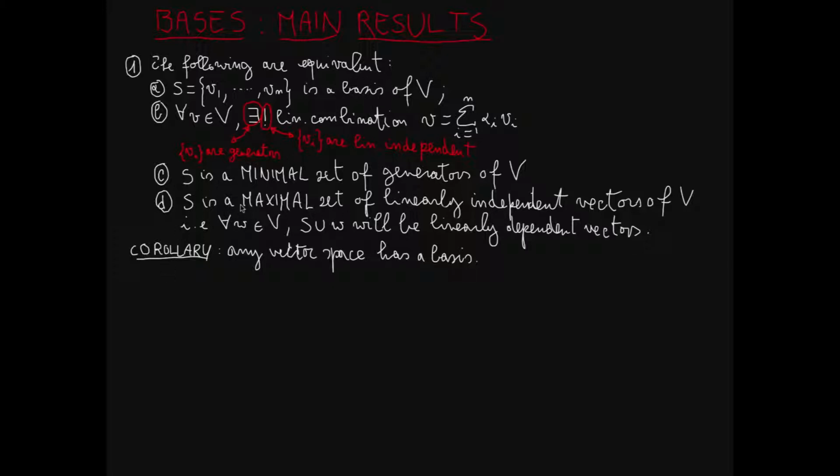The result also implies that I can construct bases starting, instead of from generators, from linearly independent vectors. So I start from a non-zero vector v1, let's say, and then I take a vector outside the vector space generated by v1, and I consider the set v1, v2.